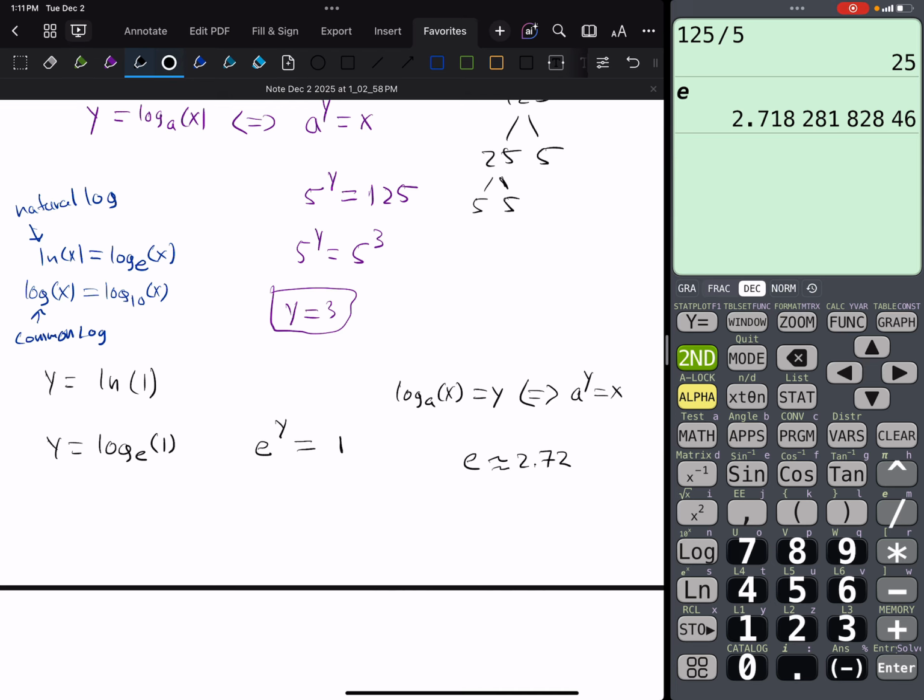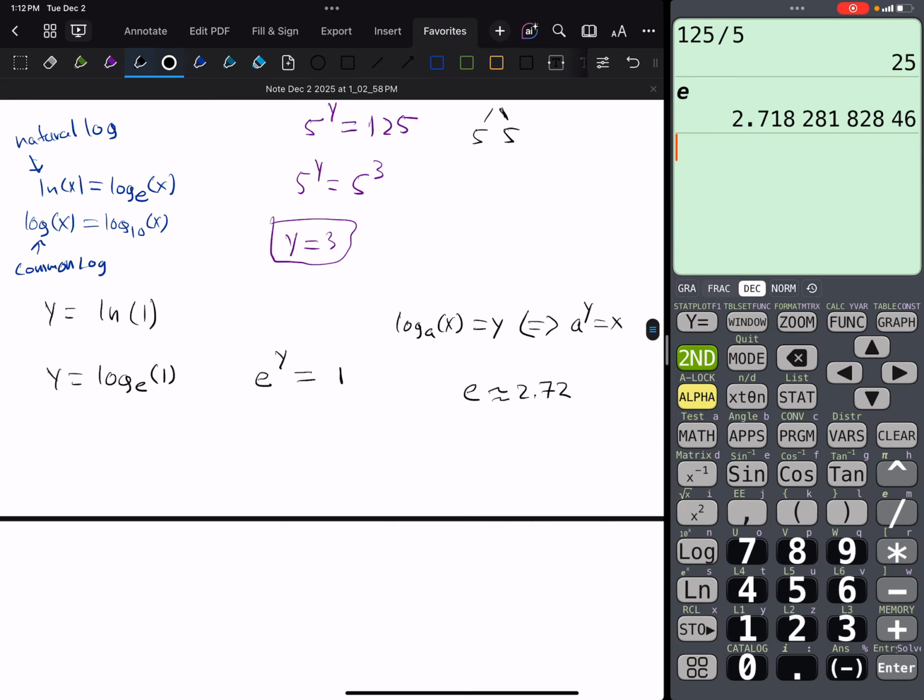So how do I use an exponent to turn a constant value into 1? There's really only one way to do it, and that's to use something to the 0, because any power raised to the 0 is 1.